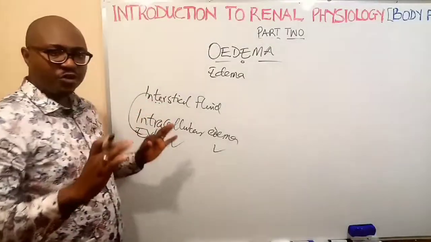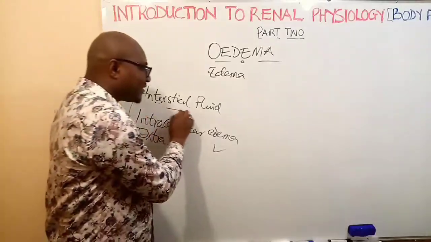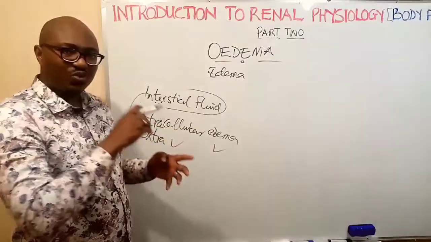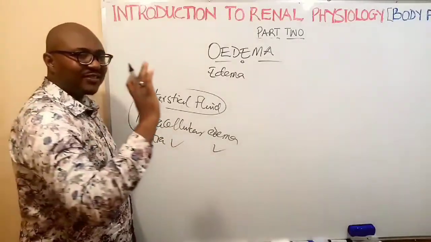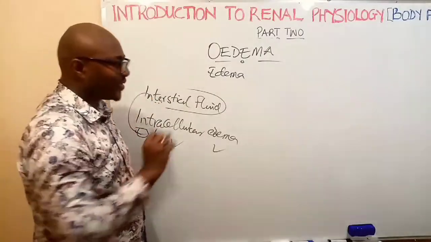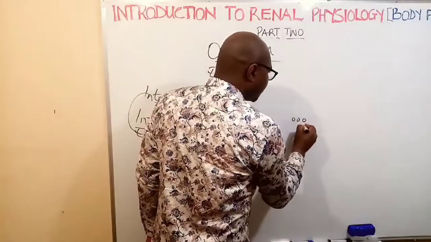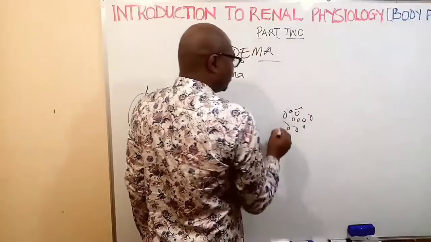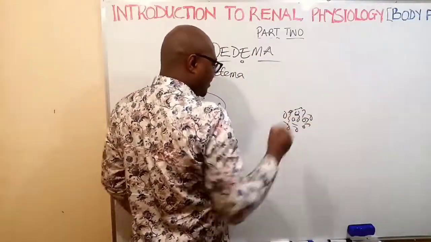Okay, so that's what we're going to be dealing with now. How does fluid accumulate so much in the interstitial fluid compartment that leads to swelling? Okay, so let's revisit that arrangement we talked about before. Okay, so you have tissues like this all around. You have the interstitial fluid in between them.